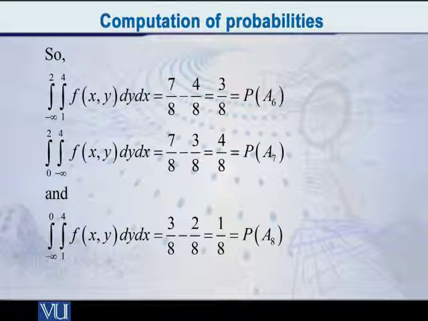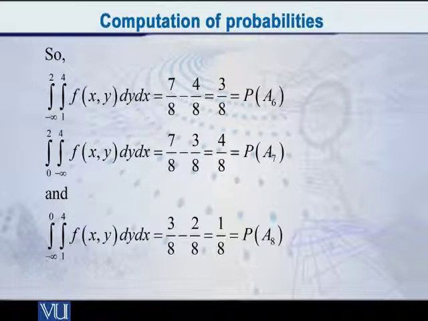इसी तरह we can have probability of A7, which is represented by that particular integral which we got from another one of those three equations. और वो क्या है? That it is the integral from 0 to 2, minus infinity to 4, f of xy dy dx. So that is equal to 7 by 8 minus 3 by 8, and that is equal to 4 by 8. And then the third one, let me call it probability of A8, eighth event, और वो भी इसी तरह जैसे अभी किया.